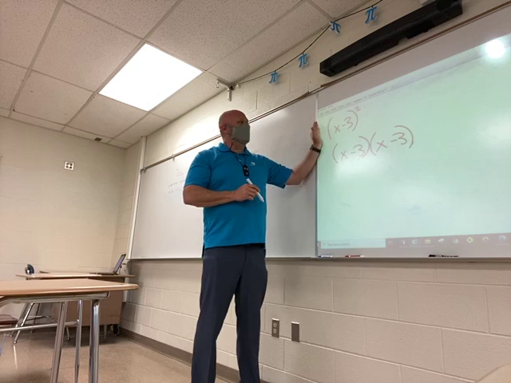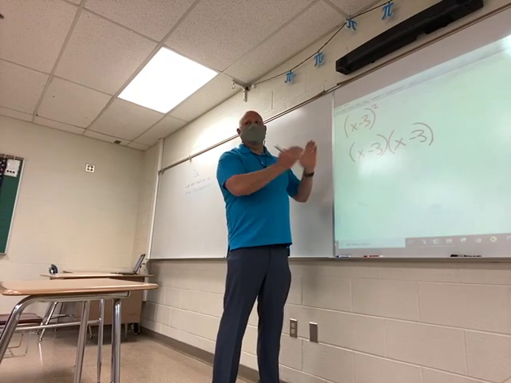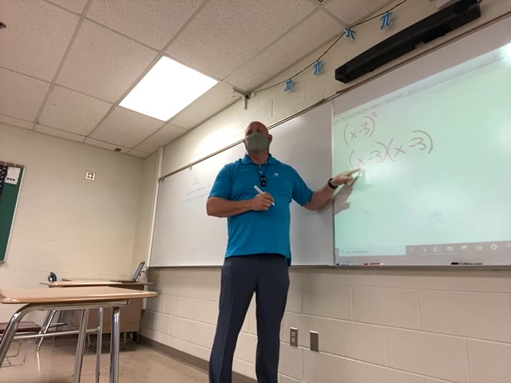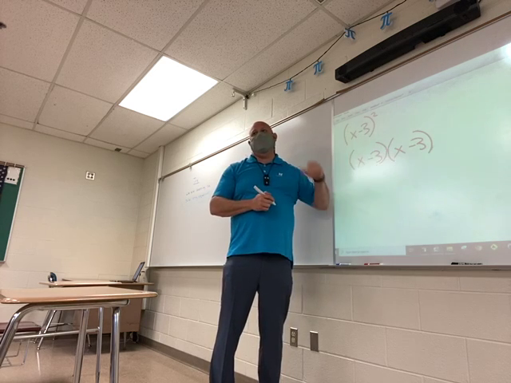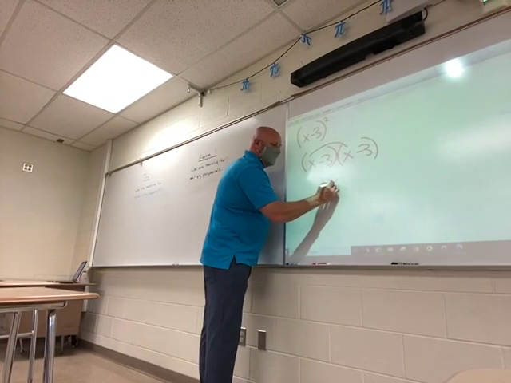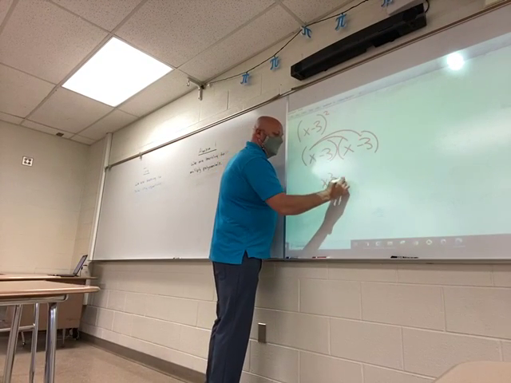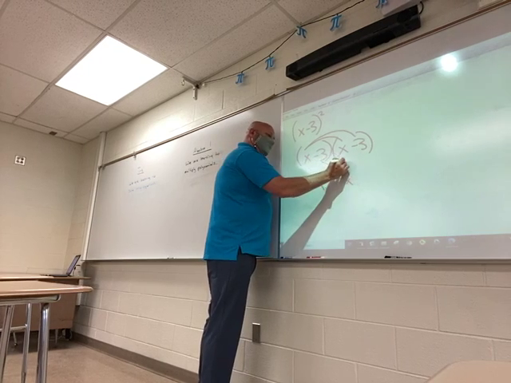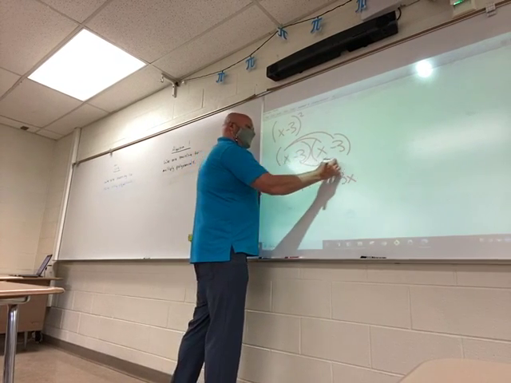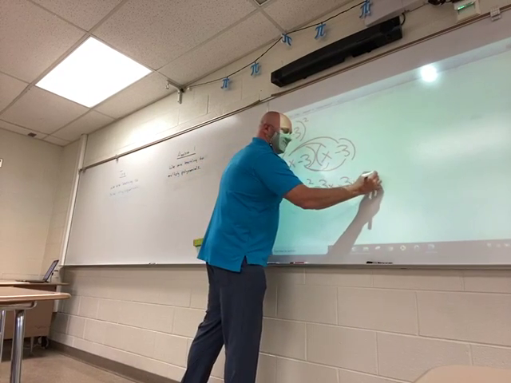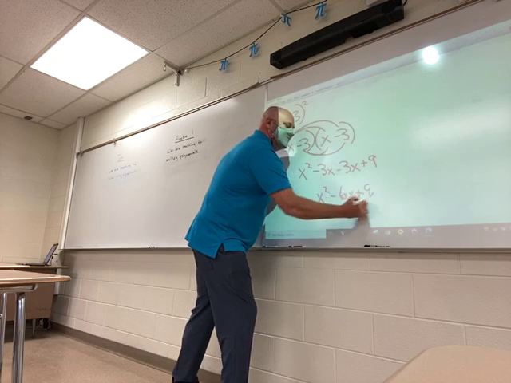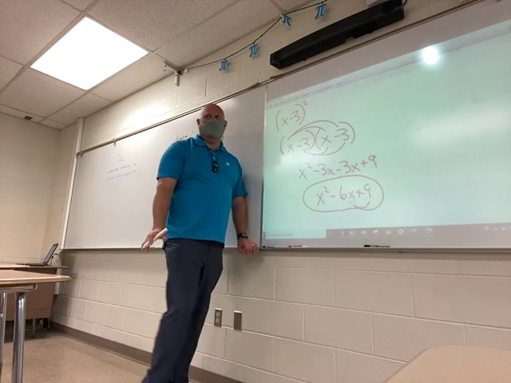When you see a quantity squared like this, parentheses and squared, you absolutely have to write it out twice and FOIL. You've got to do x times x, which is x squared, x times the negative 3, which is negative 3x, negative 3 times the x, which is another negative 3x, and then negative 3 times negative 3 is positive 9. This is the answer. Okay?